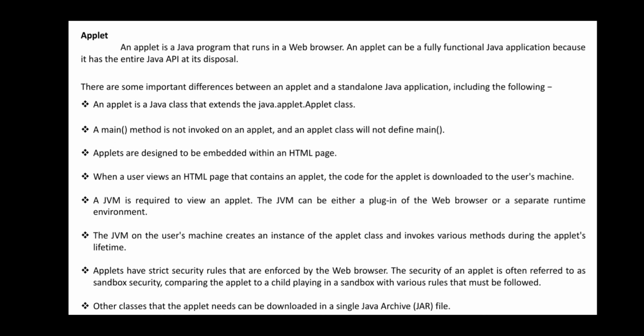Applets are designed to be embedded within an HTML page. Normal Java application programs do not have any HTML pages, but applets are compulsorily designed with HTML pages because of some differences in displaying the information on the screens. When a user views an HTML page that contains an applet, the code for the applet is downloaded to the user's machine.